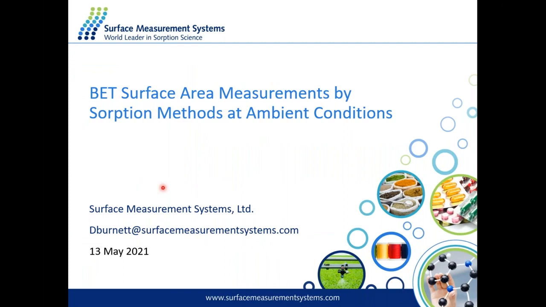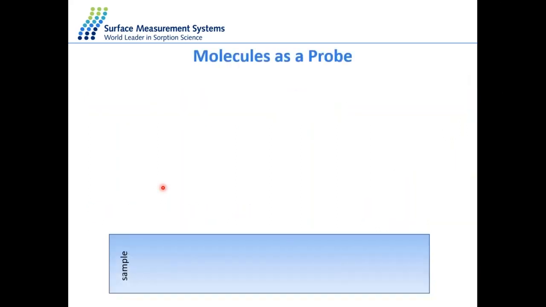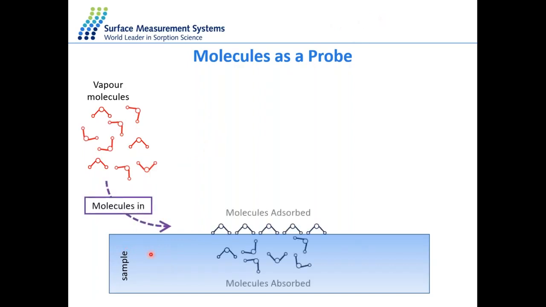As mentioned, I'll be talking about BET surface area measurements by doing these via sorption methods at ambient conditions. Just as a very quick background, any classic BET measurement, which I'll get into a little bit of the background and theory in the next few slides, is based on the sorption of a gas or a vapor or some sort of molecule. So the sample of interest, as in this blue rectangle here, is exposed to some vapor or gas molecules.